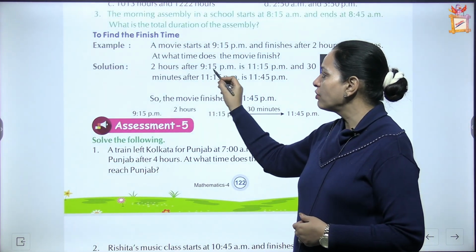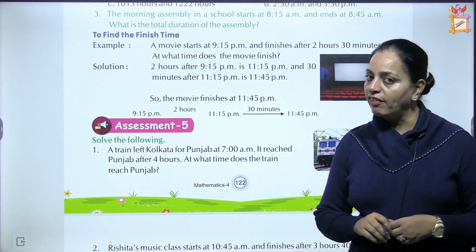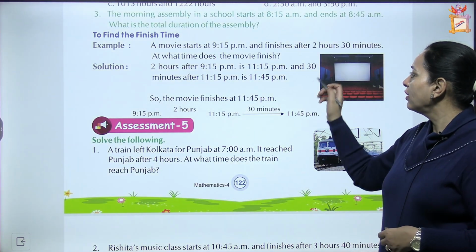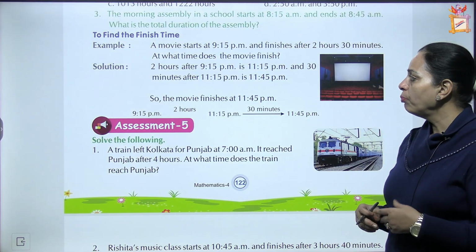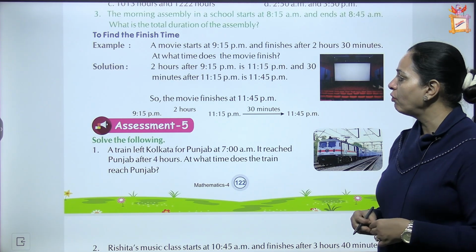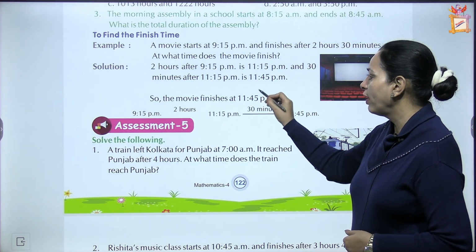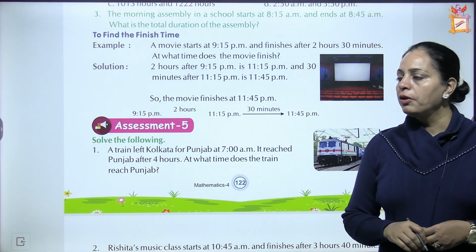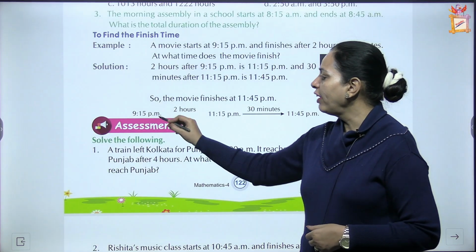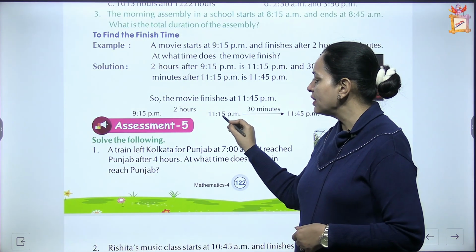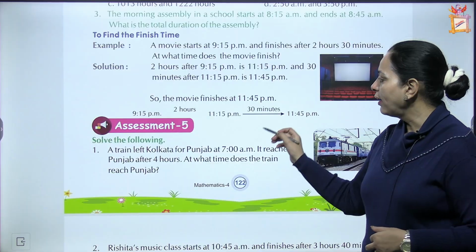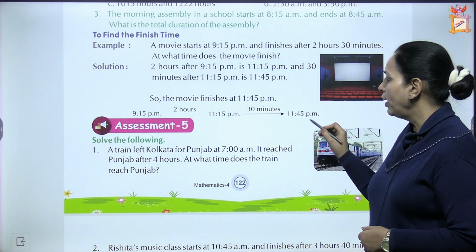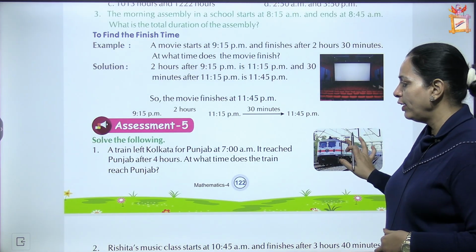So 2 hours after 9:15 PM is 11:15 PM, and 30 minutes more. So in minutes we will add minutes, 15 plus 30, 45. So 11:45 PM. See here, 9:15 PM, say 2 hours, 11:15 PM and 30 minutes more. So 11:45 PM. Very interesting.